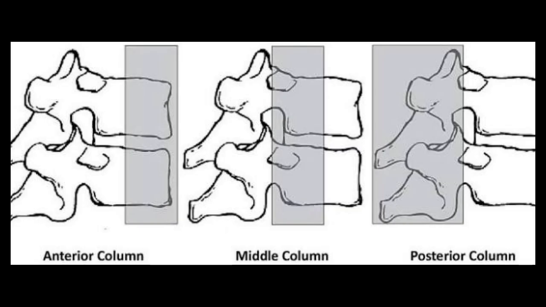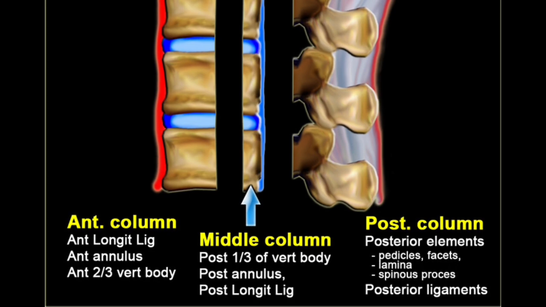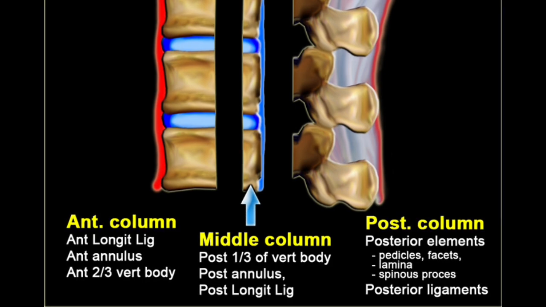This is the spinal column, divided into three columns as shown here according to Denis: the anterior column, the middle column, and the posterior column. The anterior column consists of the anterior part of the vertebral body, the anterior part of the annulus fibrosus, and the anterior longitudinal ligament.